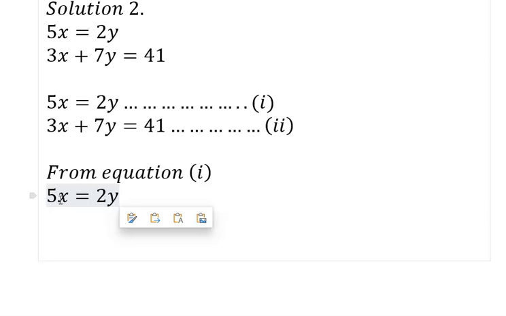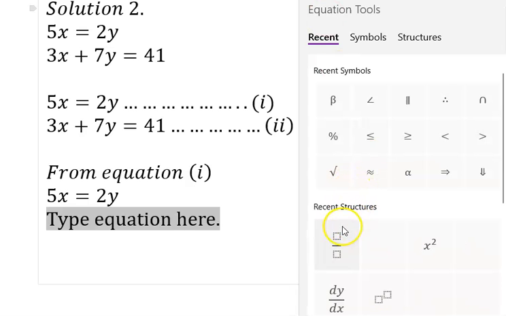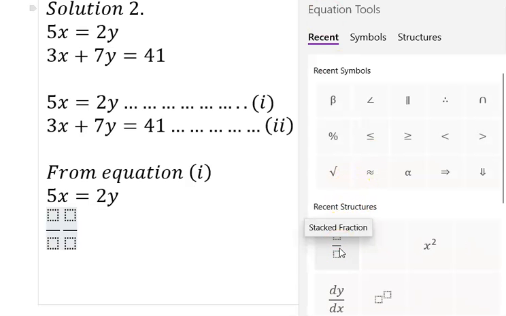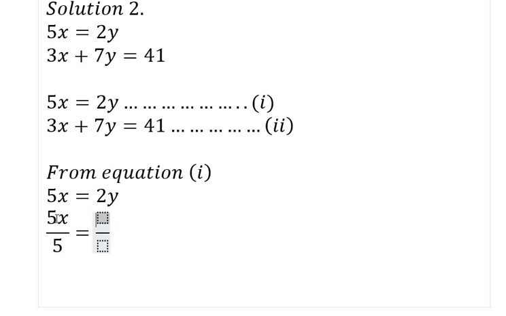If you are making x the subject of the formula, you just divide both sides by 5. Let's get a template. Awesome. So here we have 5x. We are dividing both sides by what? By 5. We have 2y here.